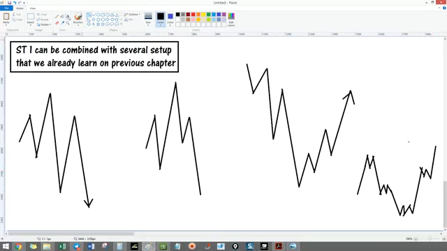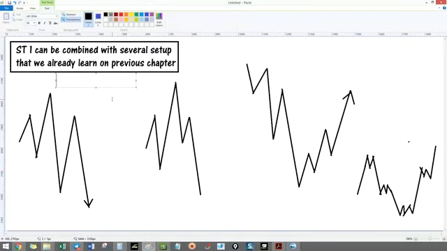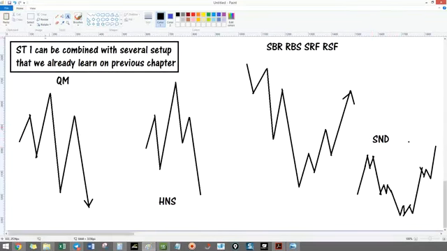Okay, so this is QM, HNS, SBR, RBS, SRF, RSF, SND. You can find the shadow codes in this area.